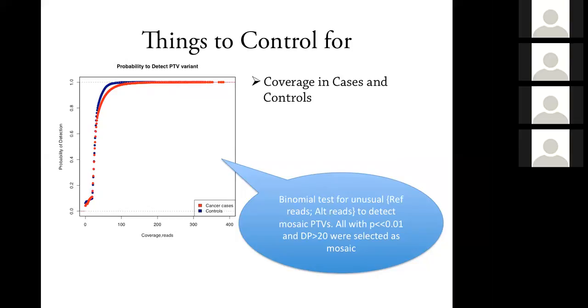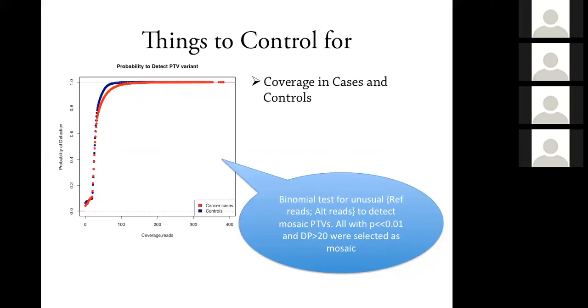And how we define the mosaic events in such cases: we looked for an unusual distribution of the alternative reads supporting the heterozygous genotype with the binomial test, and set a hard threshold on the coverage, so it must be at least 20x.